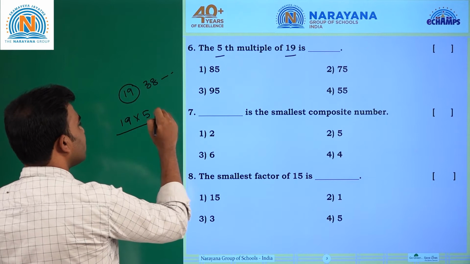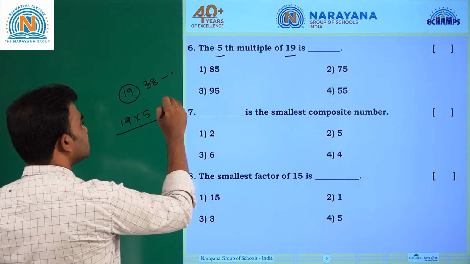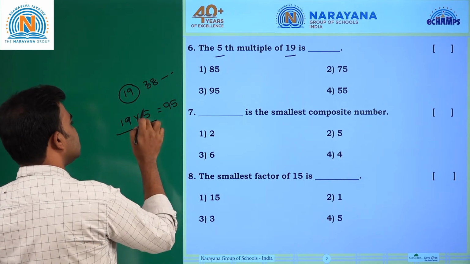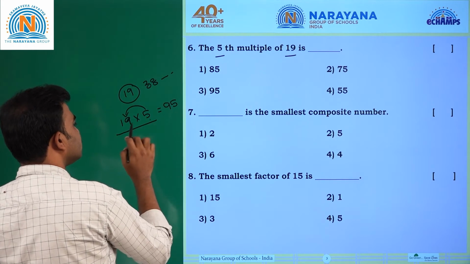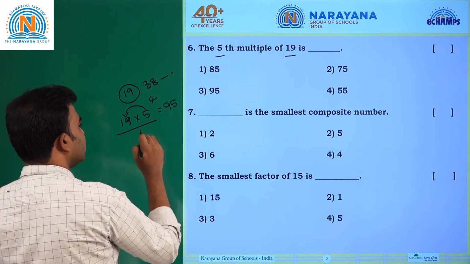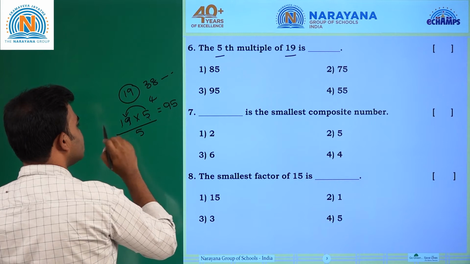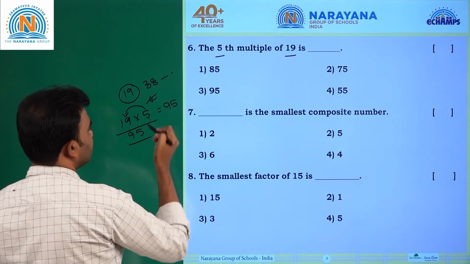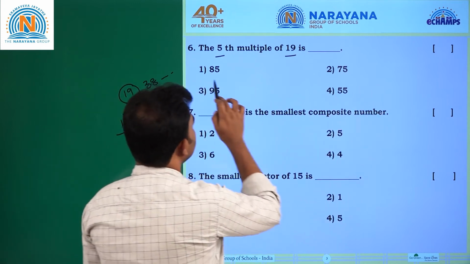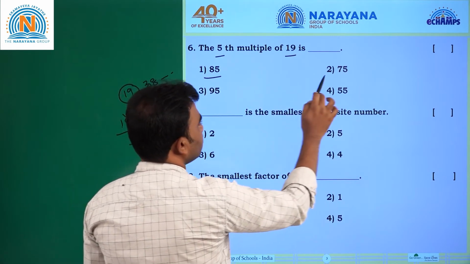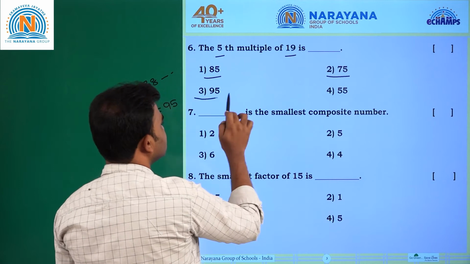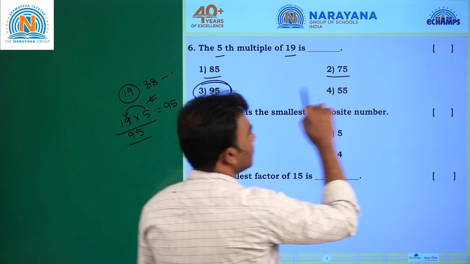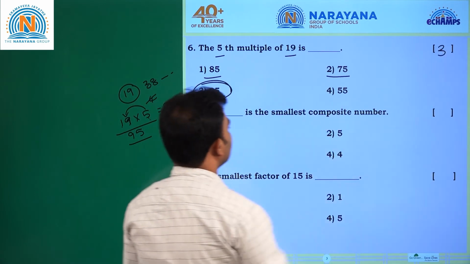Now 19 fives, I know that is 95. You can also multiply like this: 5 nines 45, 5 ones 5, 5 plus 4 is 9, so 95. So the answer is 95. Option 1 is 85, option 2 is 75, option 3 is 95. So option 3 is our answer.